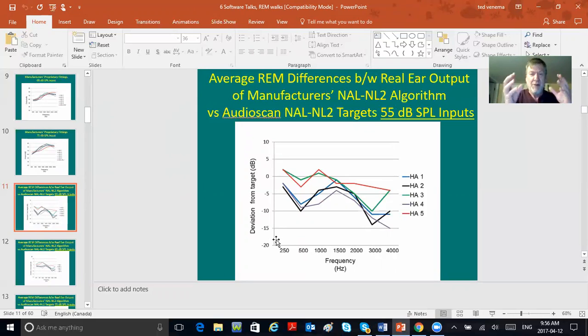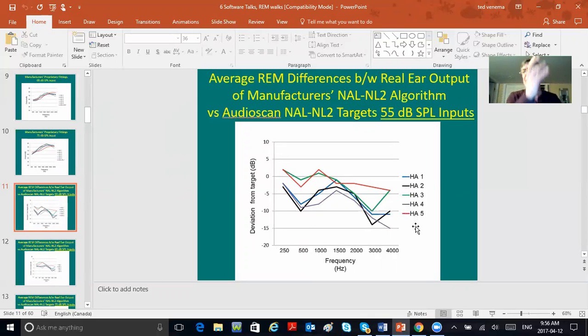I want you to get the picture here. You're looking at 5 different hearing aid manufacturers, and what's the difference between each of their implementations of NAL2 compared to how NAL2 is seen on a real ear system?